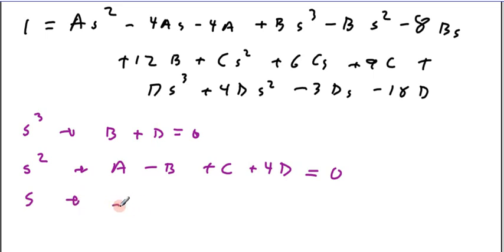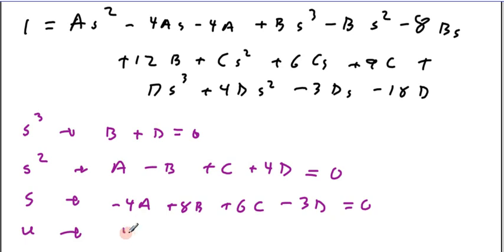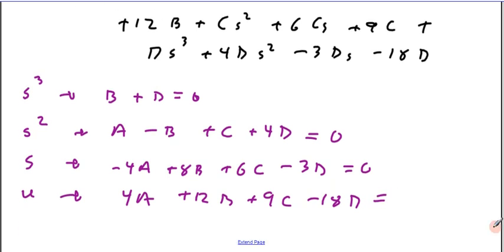I see that minus 4A plus 8B plus 6C minus 3D is equal to 0. I look at the unit term, and I have 4A plus 12B plus 9C minus 18D is equal to 1. And I have 4 equations, 4 unknowns.